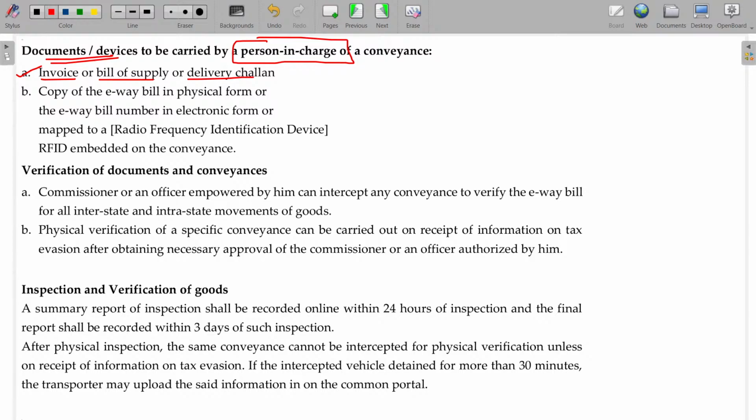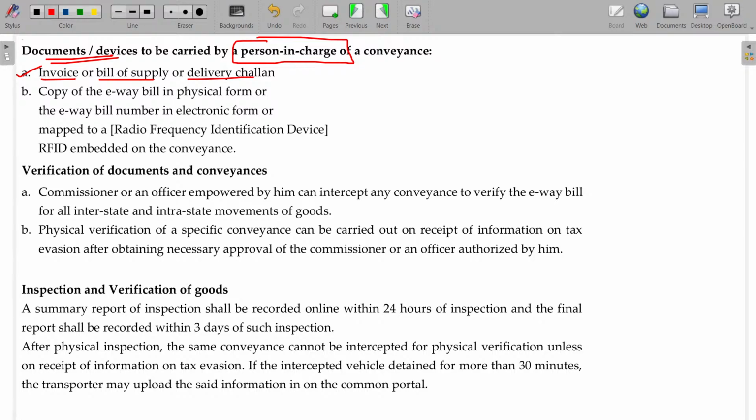And if he is not supplying in the form of taxable supply, but exempted supply, then he is not able to issue the tax invoice, he has to issue the bill of supply. If you are an unregistered person, bill of supply can be issued. But if it is not a supply, for example, I am displaying my art in an exhibition, it's not supply, so I have to give the delivery challan.